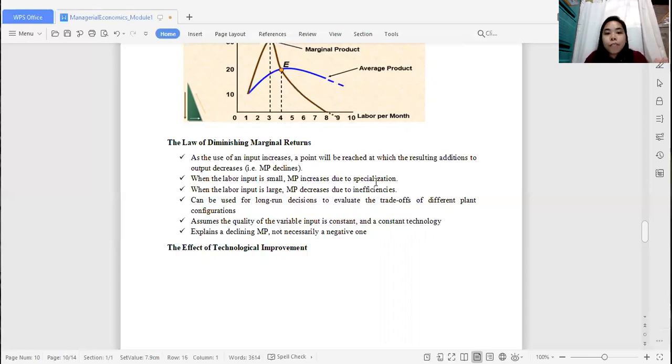Then marginal product increases, the units of output added for every additional unit of labor rise due to specialization, because person 1 is efficient in performing his task. Person 2 is likewise efficient in doing this task, and so on. So that is the explanation for when labor is small.